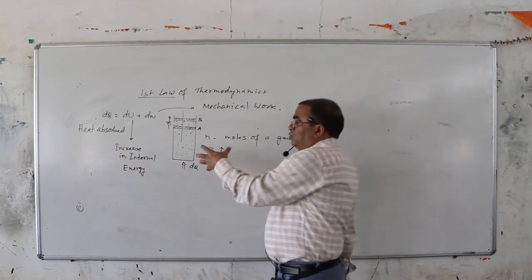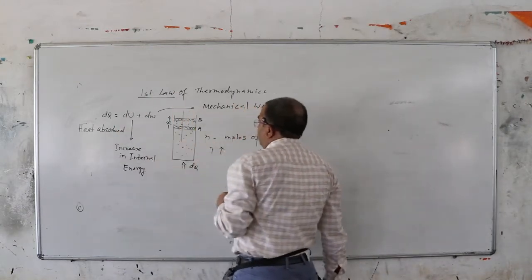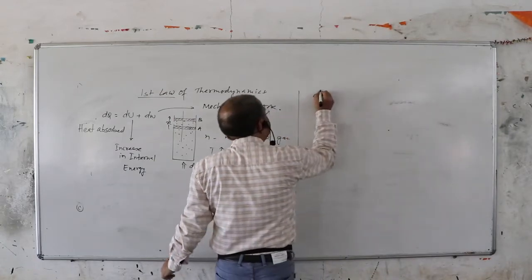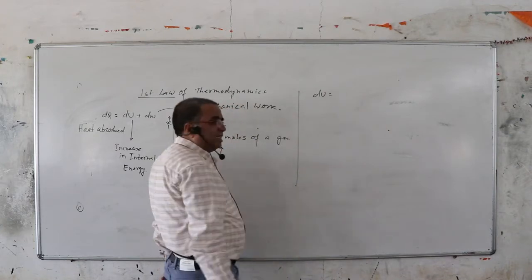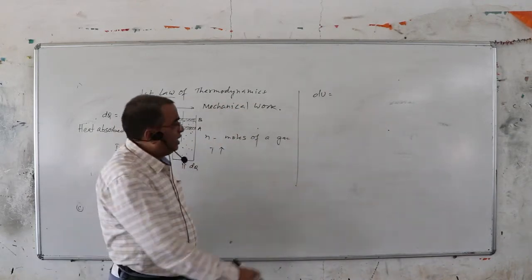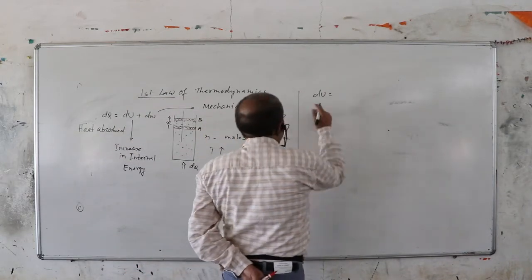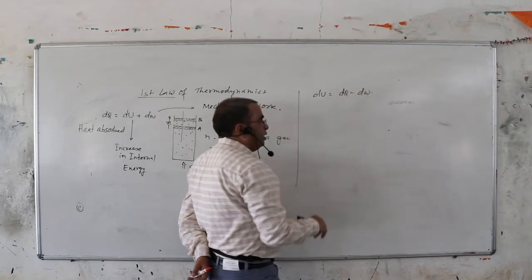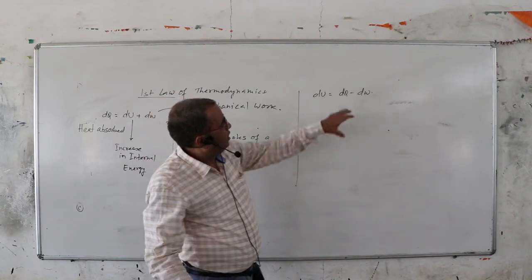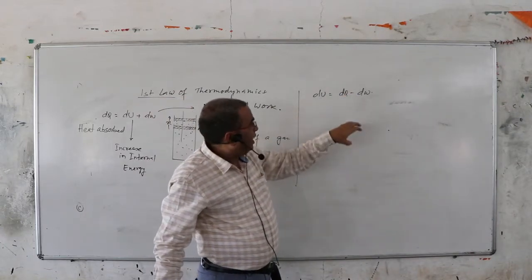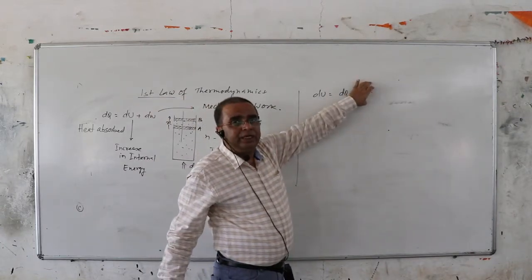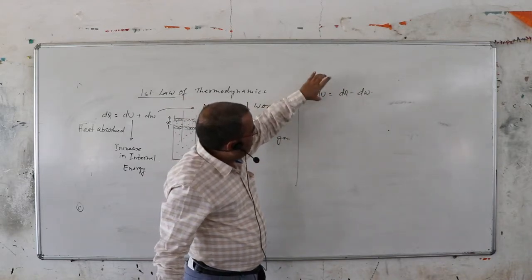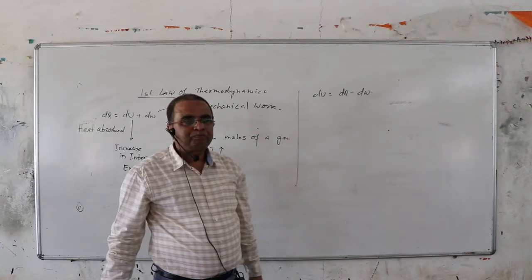So this is the statement of the first law. In other words, we can write that dU, the increase in internal energy, is dq minus dW. That means if the amount of heat given to the system is dq and it performs some mechanical work dW, then the increase in internal energy will be dq minus dW.